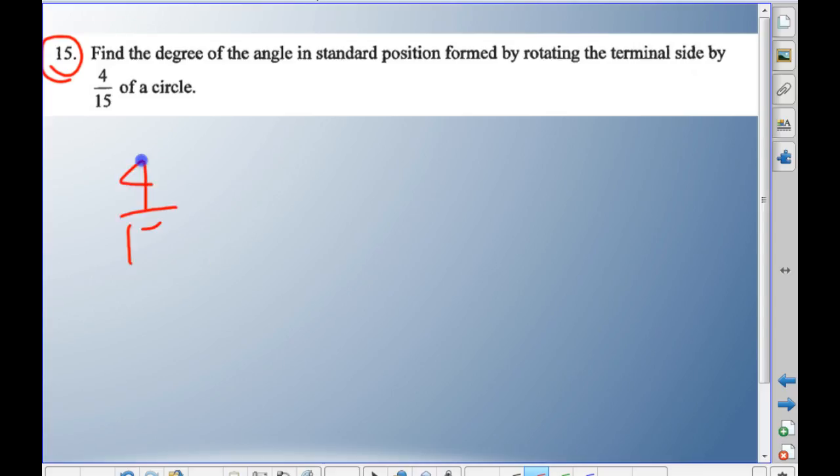Four fifteenths of means times a circle. Well, what are the degrees in a circle? So this is just 4/15 of 360 degrees. Okay? Just make sure that one doesn't floor anybody.